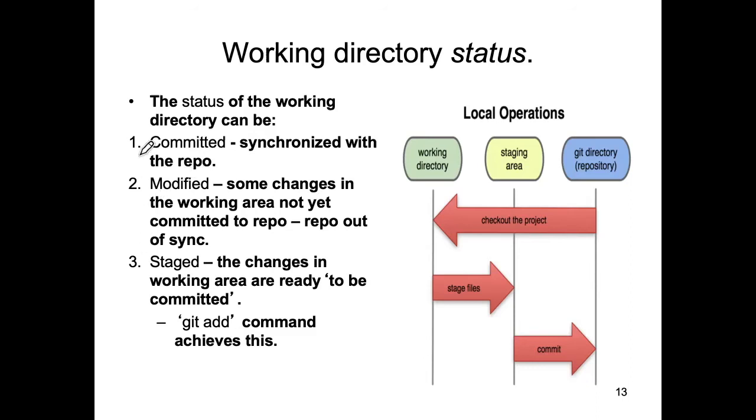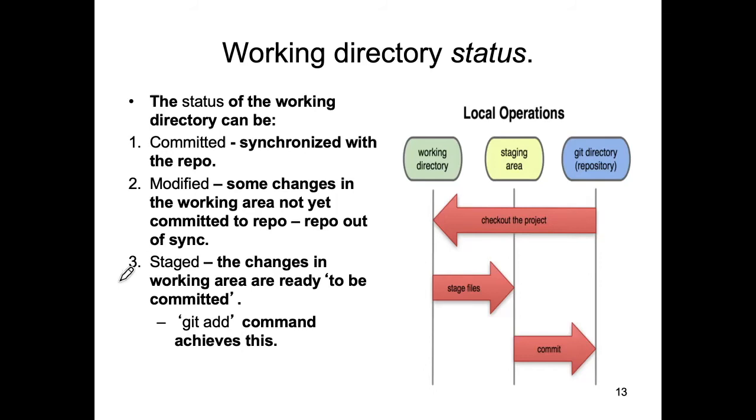And the third, those two are easy enough to understand. The third one is a little bit vague, and it's kind of difficult to explain until we get into understanding in a little bit more depth how Git works. The third status that your working directory might be in is what's called a staged status. And the only way I can explain that at this stage is to say you have made edits to files in your working directory.